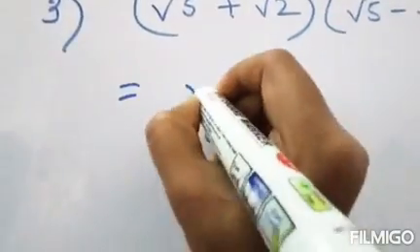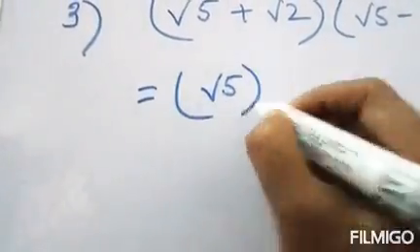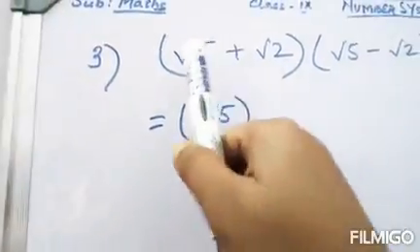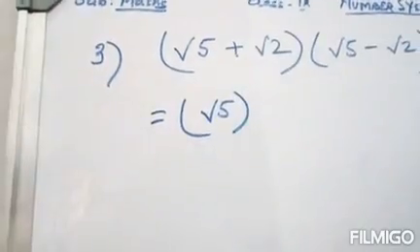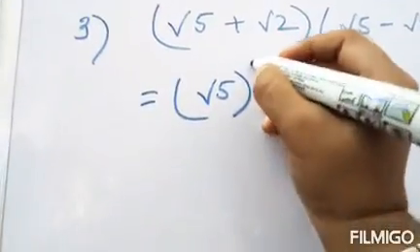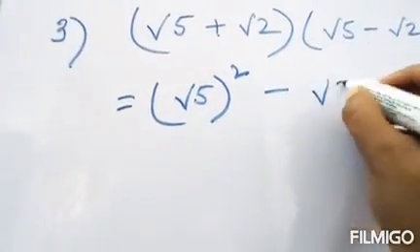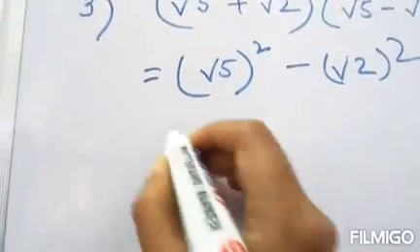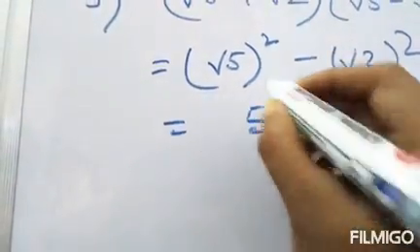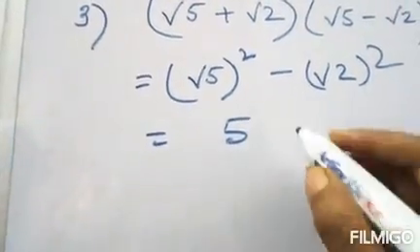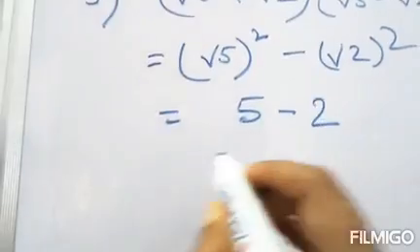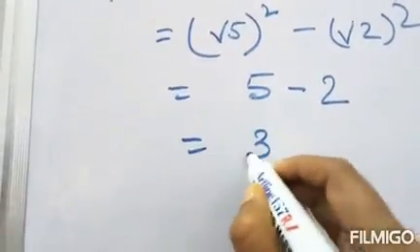So I can write directly, if I consider this as a, this as b, root 5 whole square minus root 2 whole square, which means what? 5 minus 2, which means it will be 3.